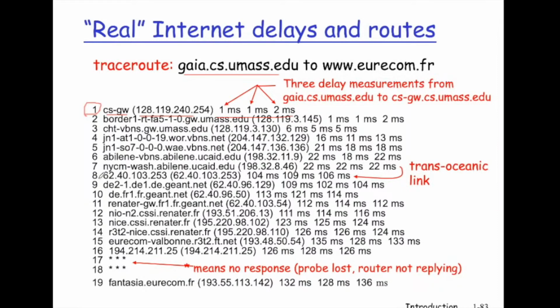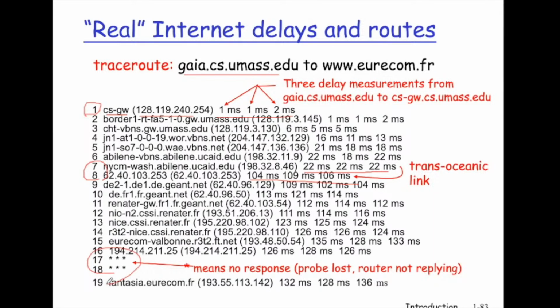What's a little bit interesting is between hop 7 and 8. You see at hop 7, round trip time was about 22 milliseconds, but suddenly to hop 8, the delay is about 100 milliseconds. So that is the transatlantic link connecting from US to Europe.